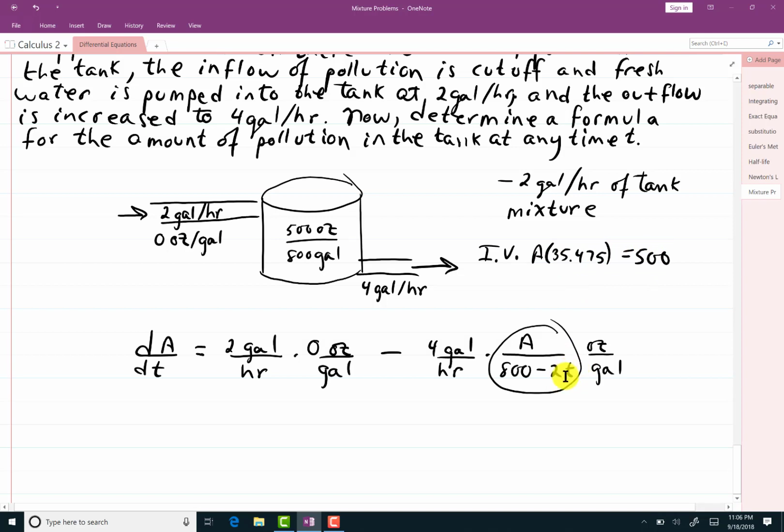And here's, let me change this then. We have A, there's still A, but minus, remember, we are losing a net of 2 gallons per hour leaving the tank. So what I'm going to have here, though, for that piece, do you see what I did here?